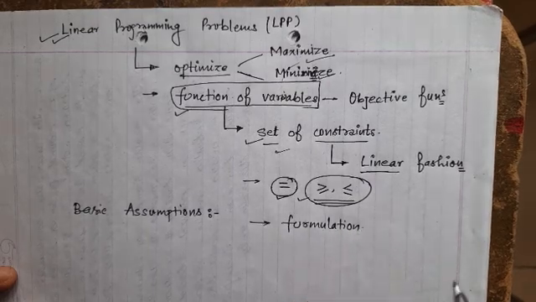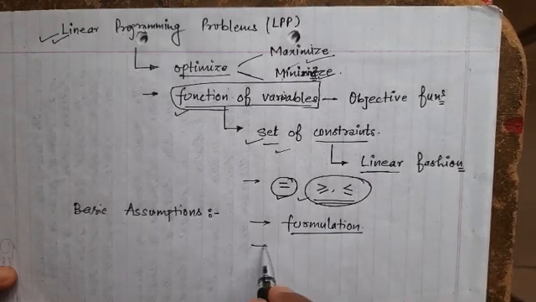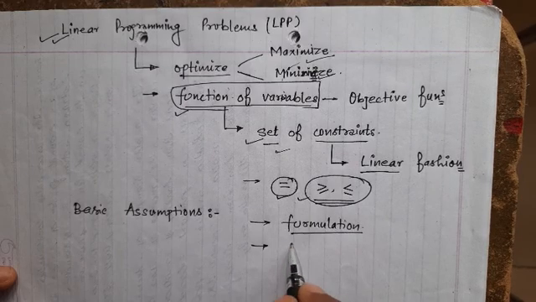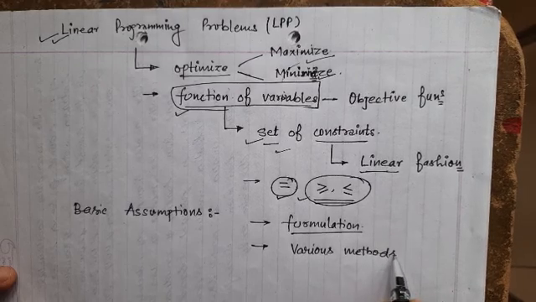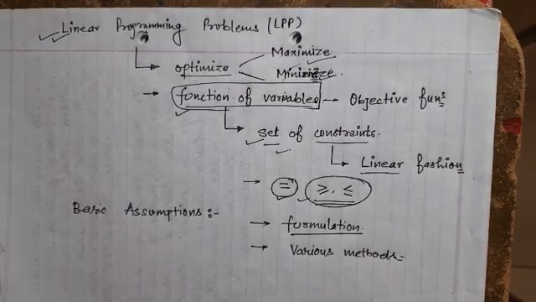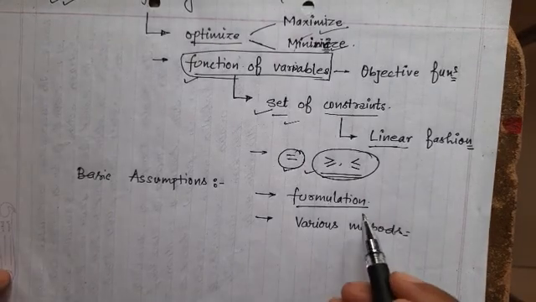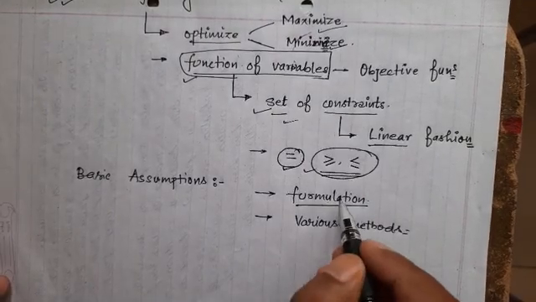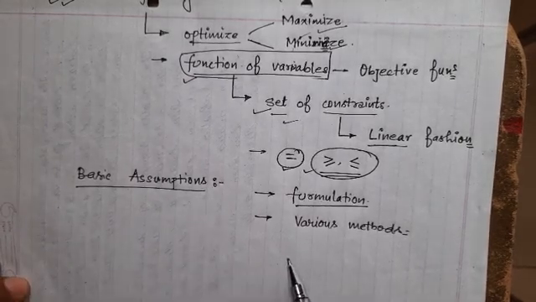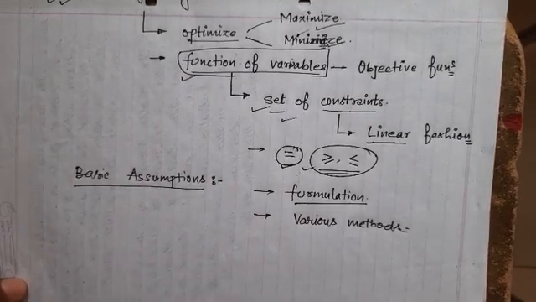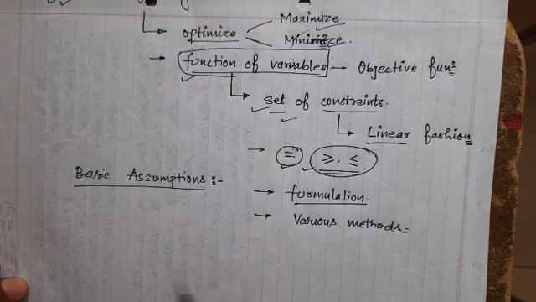First part, we will formulate a linear programming problem, and then we will look at the various methods for solving these problems. So let us first look at how to formulate a linear programming problem. But before formulation, there are some basic assumptions that we need in the formulation.